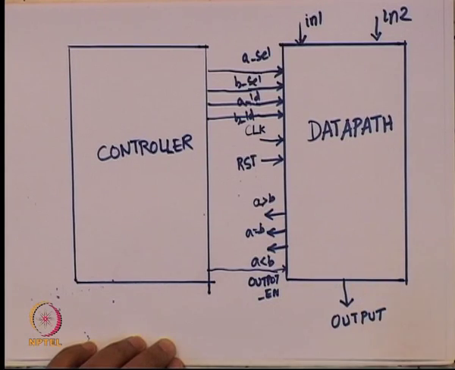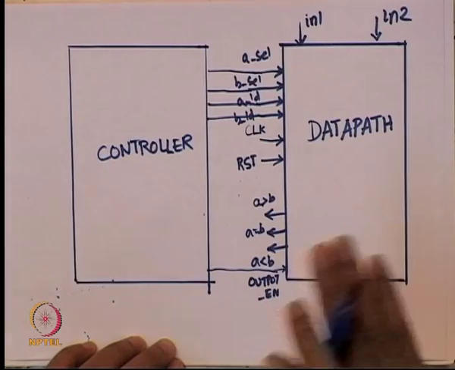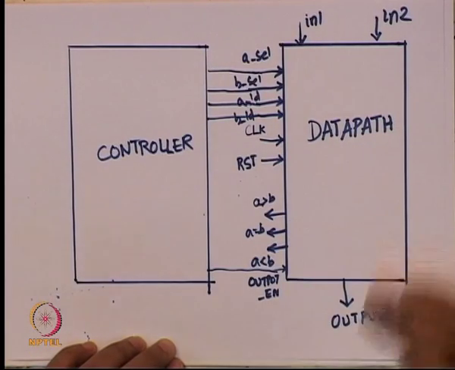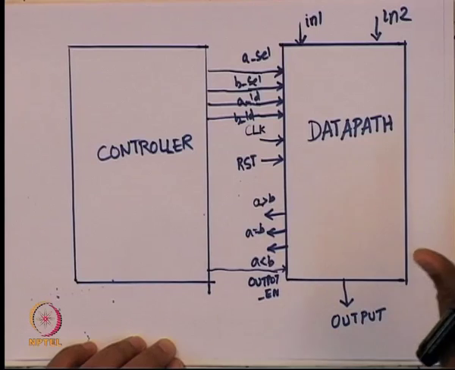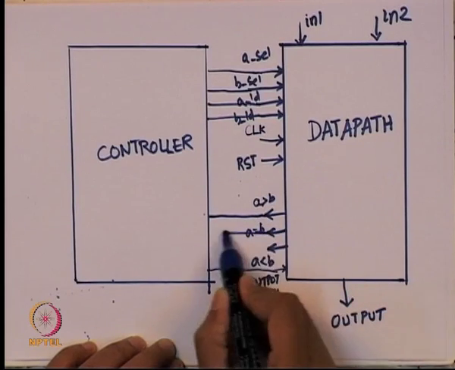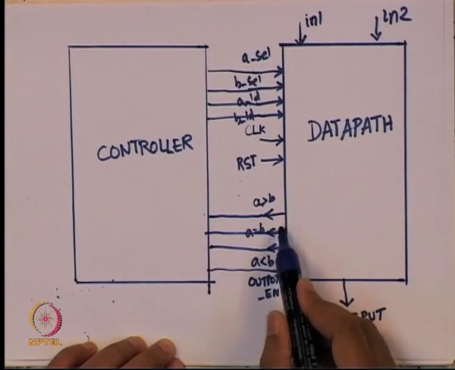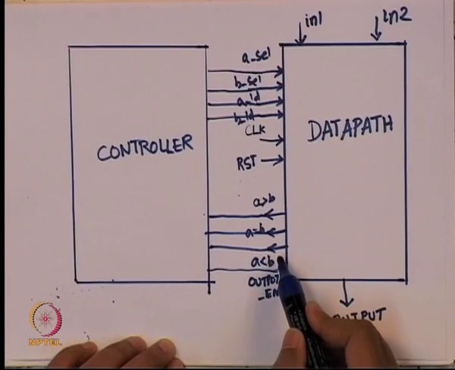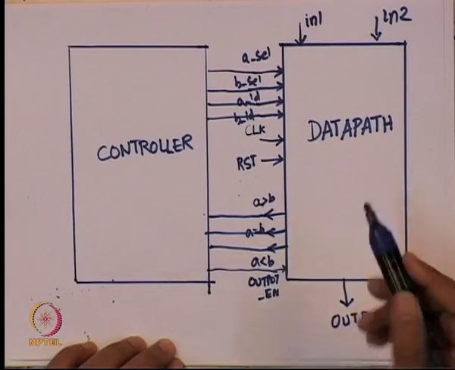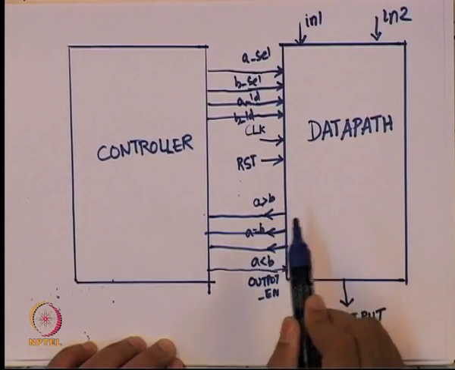Remember, once A equals B, the controller is supposed to tell the data path, don't do any more subtractions, whatever value is in A is supposed to come to the output, right. So it's not going to do something independent of the data path. It's going to take these 3 input signals, A greater than B, A equal to B, and A less than B, and now you can see that there are 2 things that are going to work in tandem.